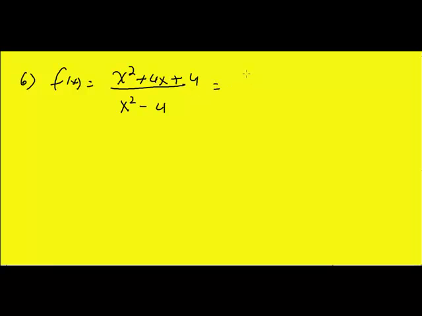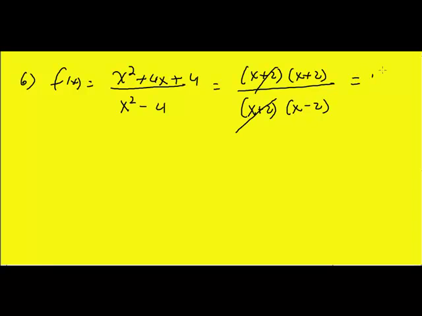Are there factors of 4 that I can make 4 out of? 2 and 2. So x plus 2 times x plus 2. The bottom is a difference of two squares: x plus 2 times x minus 2. They cancel out. I get x plus 2 on the top and x minus 2 on the bottom.